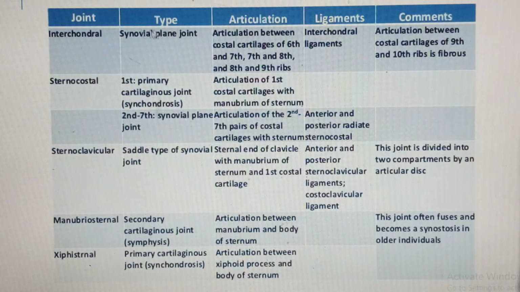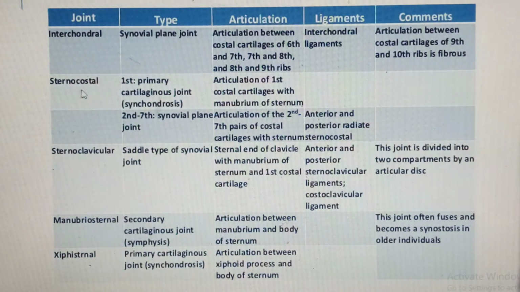These are plain synovial joints, articulations between the costal cartilages of the 6th and 7th, 7th and 8th, and 8th and 9th. Later we find interchondral ligaments associated there. But the key thing is that the articulation between the costal cartilages of the 9th and 10th is fibrous. I've told you that as one ages, these tend to become fibrotic.